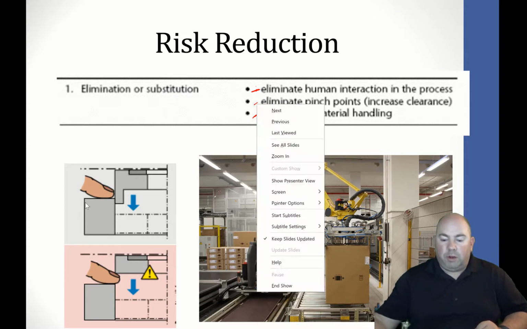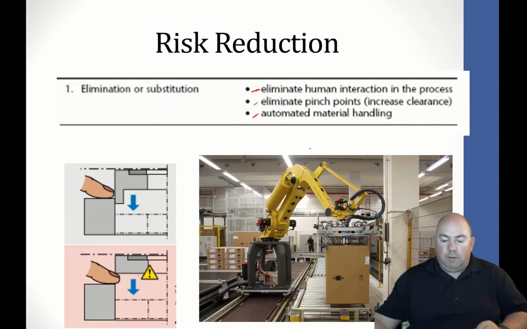This little example over here, if we look at this drawing here, you can see if we have this guy, this moves up and down. You can get your finger caught in here. That is a pinch point.